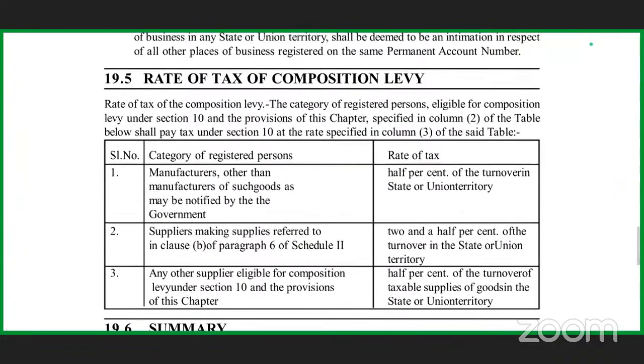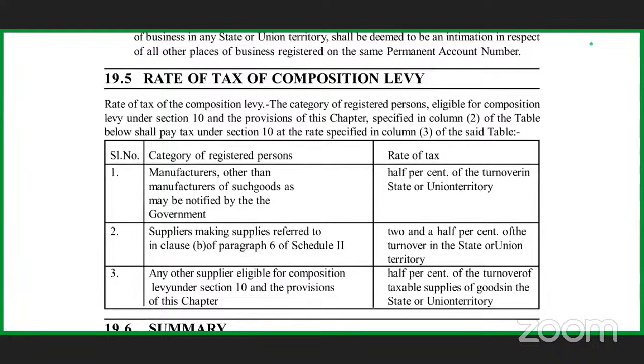And if you look at the rates of composition levy, the categories of registered persons eligible for composition levy under section 10 are given in the table below. Manufacturers, other than manufacturers of such goods as may be notified by the government, pay a tax rate of 0.5%.